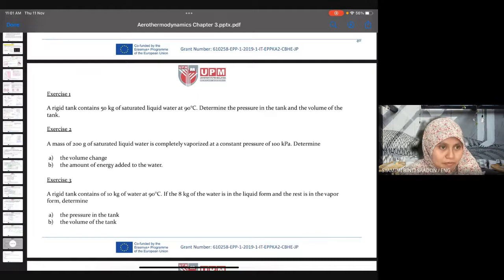Table A4. This should work. Okay, the second table that I just sent at the WhatsApp group.